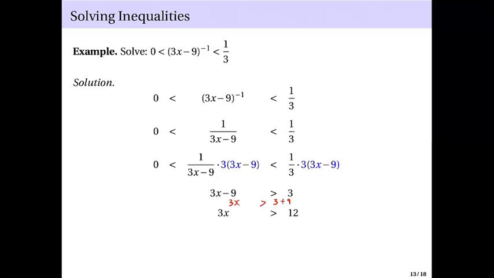And then we simplify again. We divide everything by 3. And if we divide everything by 3, since 3 is a positive number, the inequality won't change. So the missing step in here is we divide by 3 both sides of the inequality. Okay, the inequality won't change. Okay, and therefore you have x greater than 4.